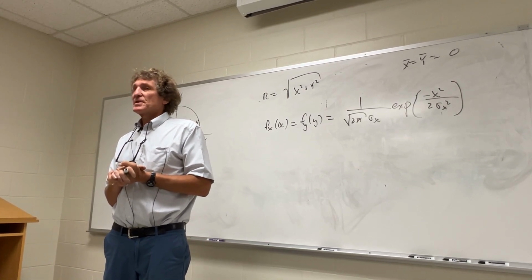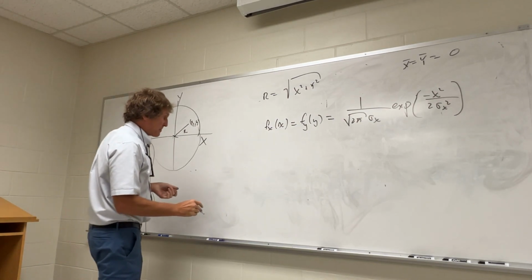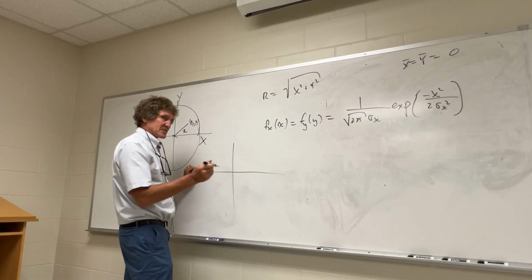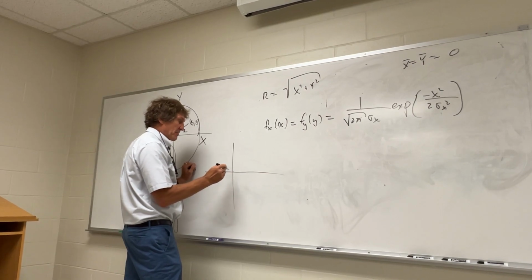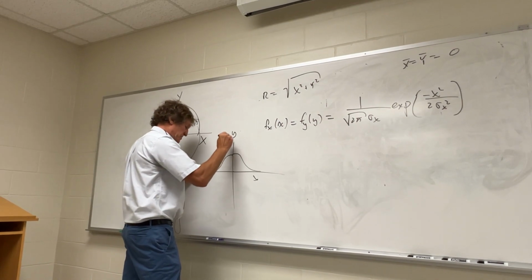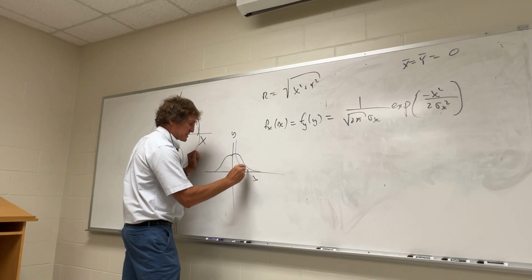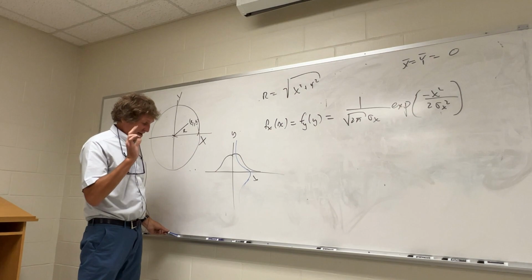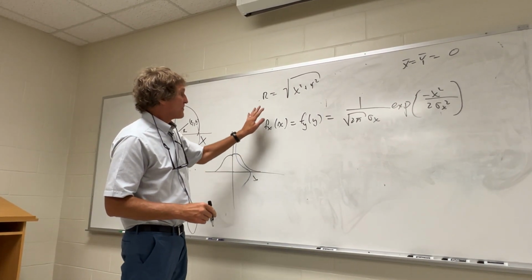Y'all with me? So the density function for x and y are the same. And if you think about this logically, if I could actually draw this density map on the board, you would see a peak here. But really what I'm saying is if this is the x-axis, here's the density function, and this is the y-axis, then the density function would look like this. And if you multiply the two together, you kind of can see it. But here's what the density for f of r would become.